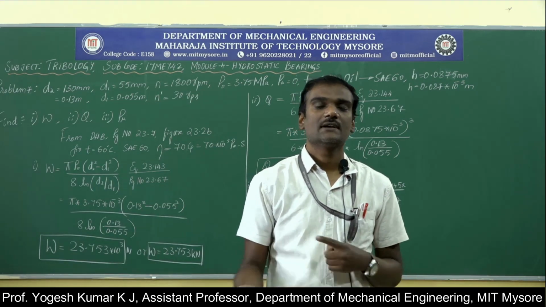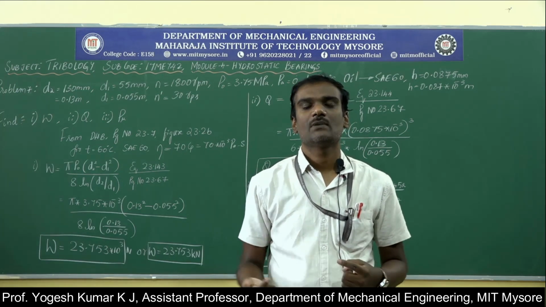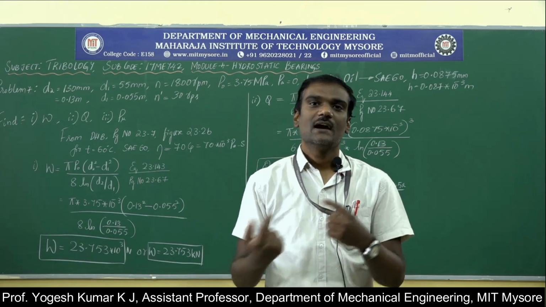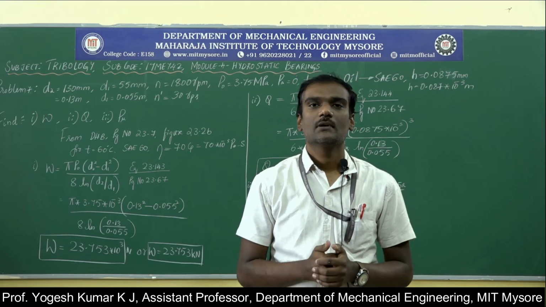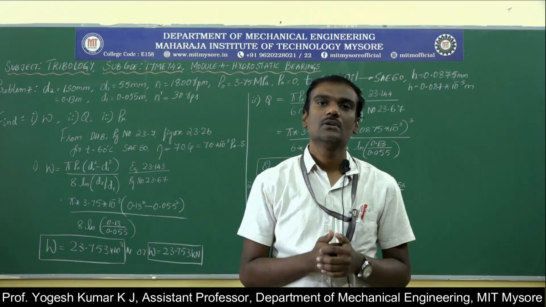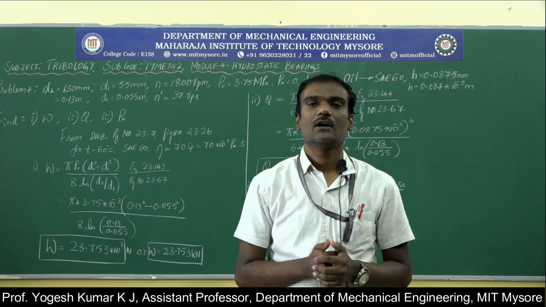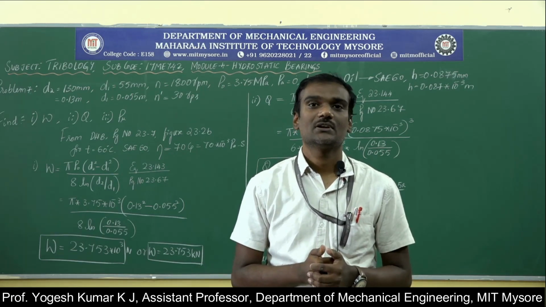So I want to get the torque. Just modify the power equation so that we will be getting the value of T. Once the torque and the mean radius are obtained, you can find out the frictional force. And we know the load acting on the bearing or the thrust load. So take the ratio of these two to get the coefficient of friction.